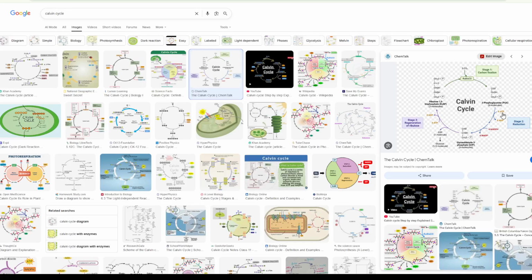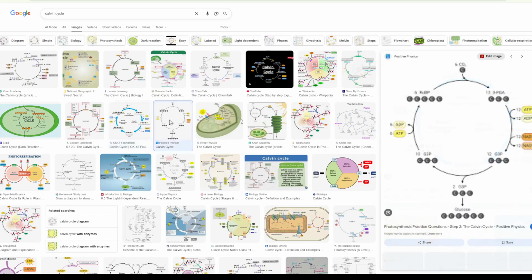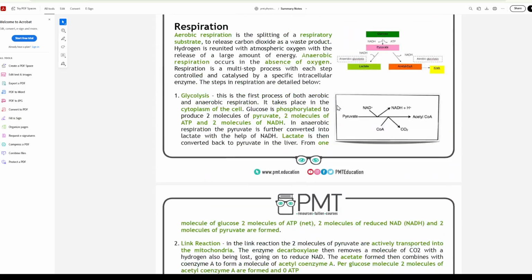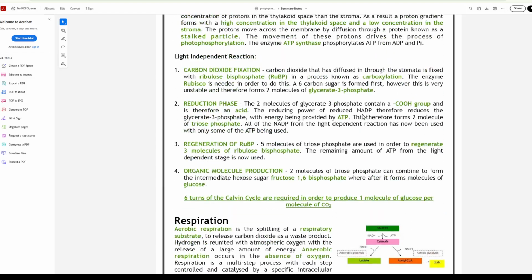I think this is a different spec. Where is my own spec? Is there a diagram in the summary notes? No. Yay. Reduction phase.